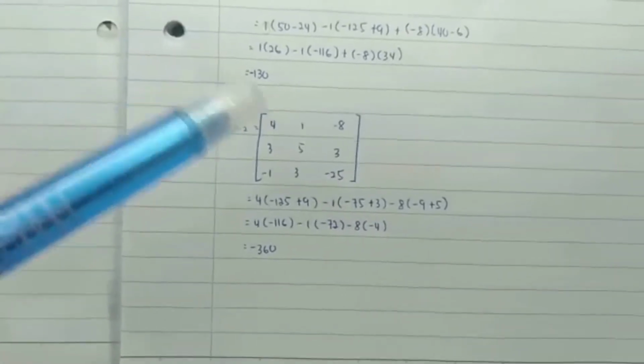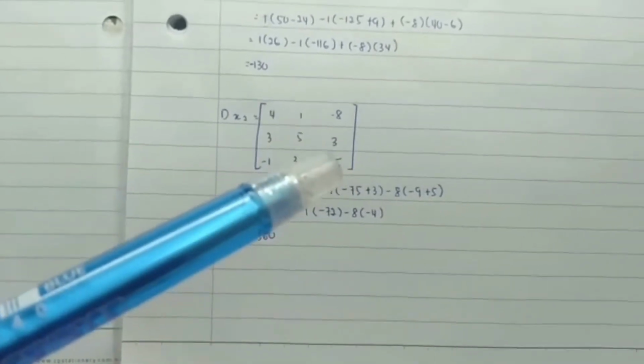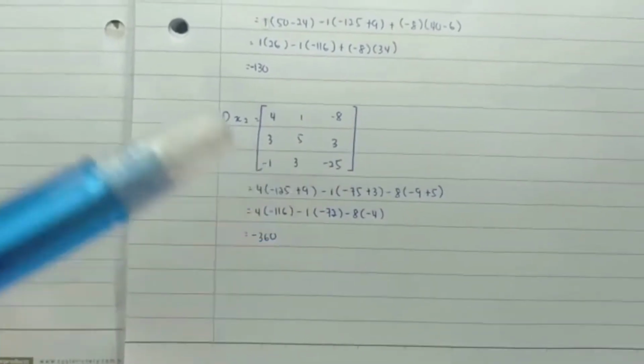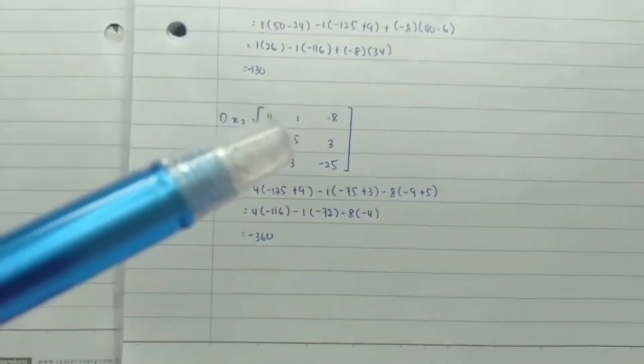So for dx2, you leave this x1 column and also the x3 column alone, and for the x2 column, you change to the values on the other side, which is this one.